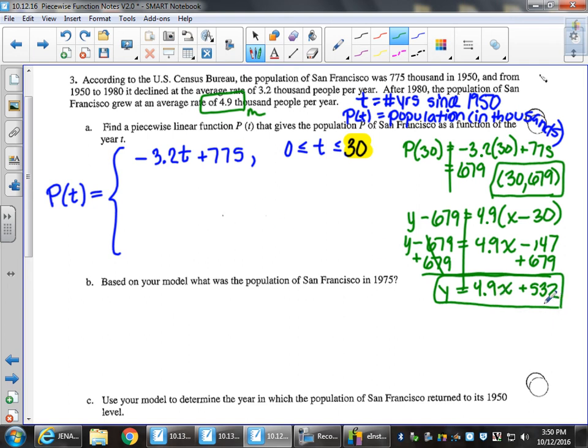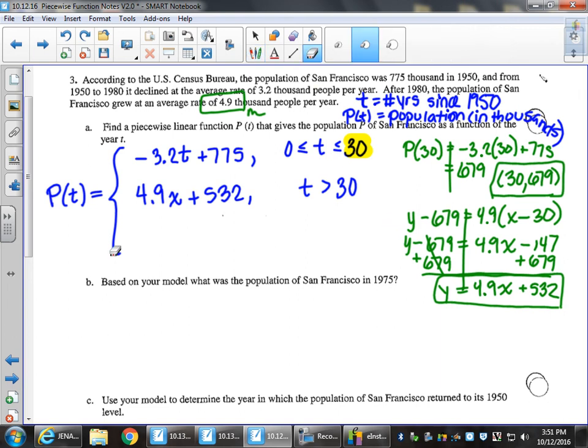So I literally take this, 4.9x plus 532, and I write it right here. 4.9x plus 532, and that is for all years after 1980. But I'm not going to write 1980. We're going to write t greater than 30 because 30 is the t value that correlates to 1980, and we're done. Make this a little smaller.